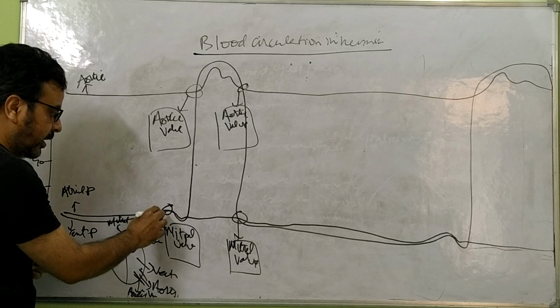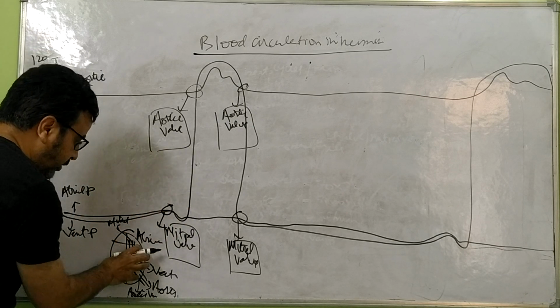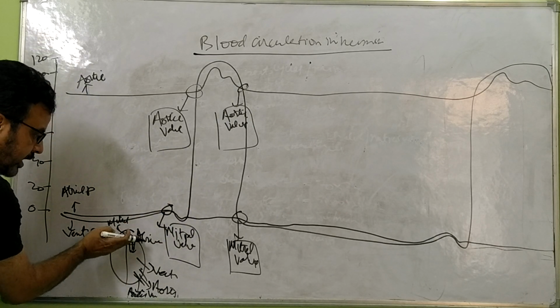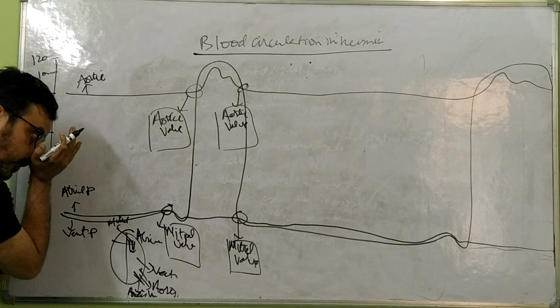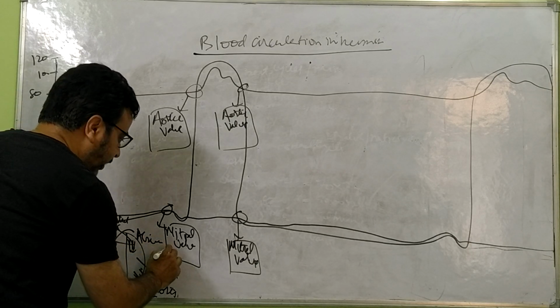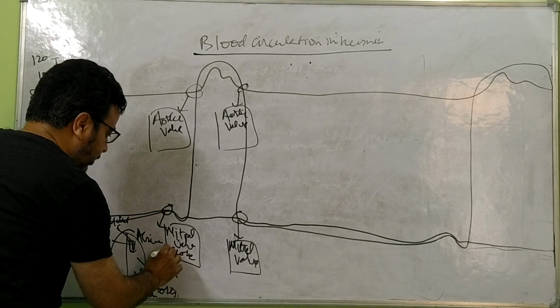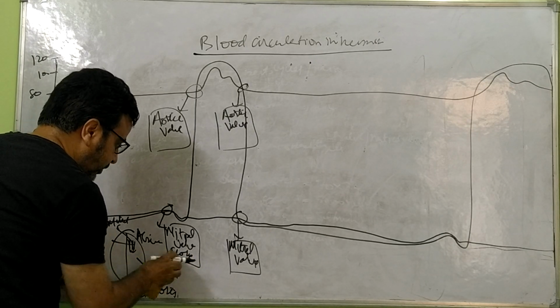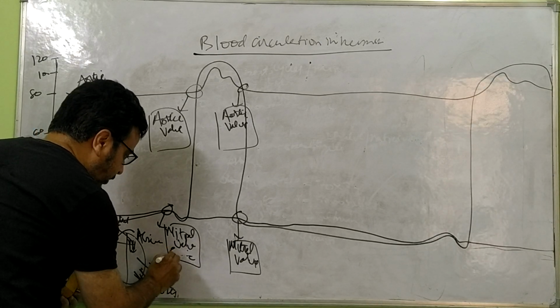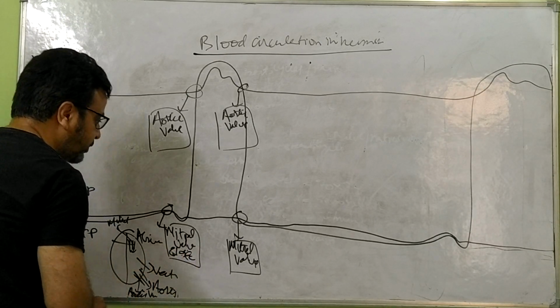So here, when the ventricular pressure rises and the ventricle is in contraction, it will lead to forceful closing of the mitral valve to prevent the backflow. So the mitral valve is closed.